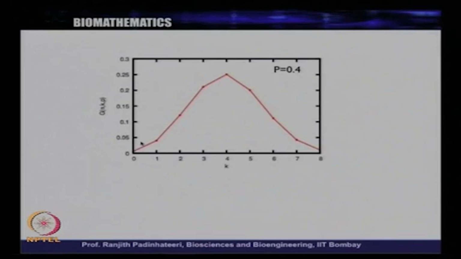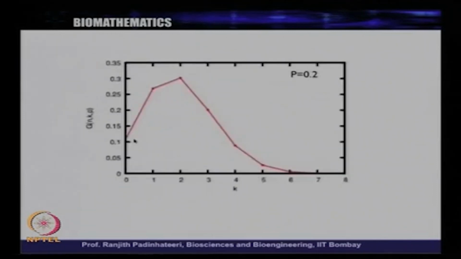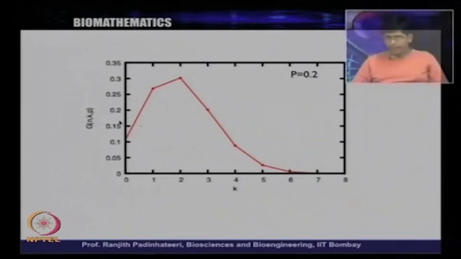Now we can vary the value of p. For example, we can take p as 0.2 and then plot g of n k p as a function of k, and interestingly you see that here it has increased and here it has decreased.